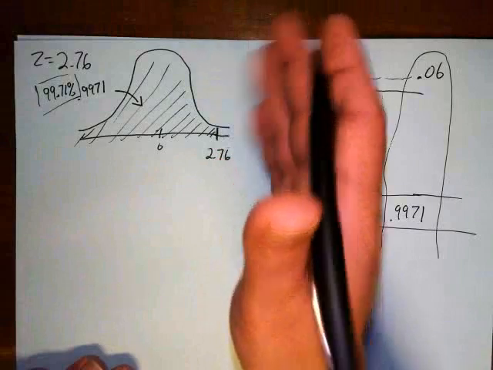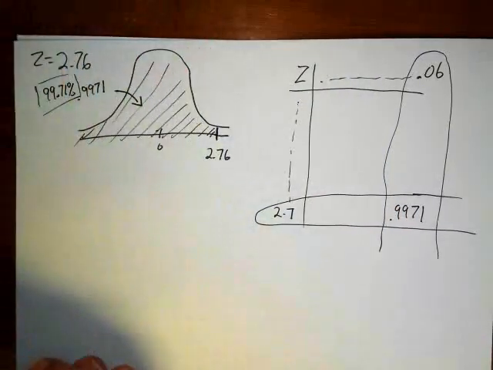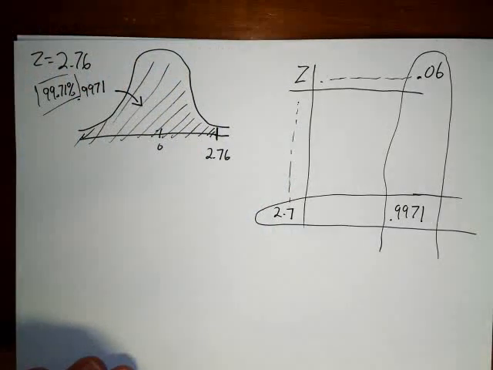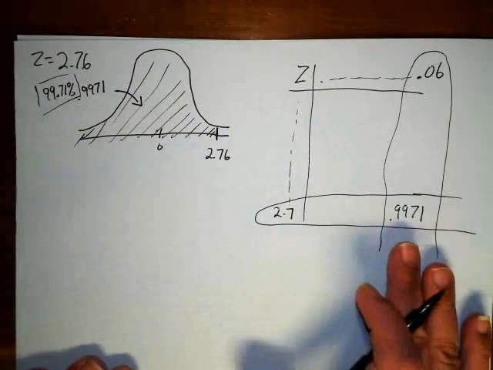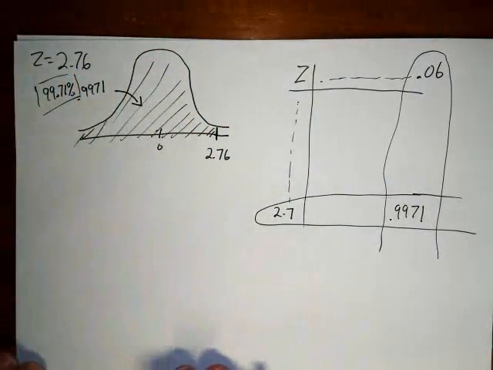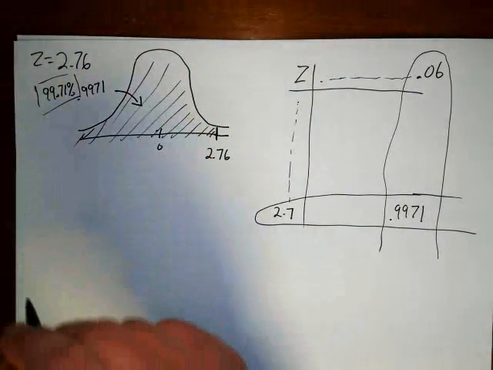It doesn't give you the area above, it gives you the area below. So in the next video, we're going to see what you do if you want other areas, but it's always going to start by getting this area below. Okay, so let me give you one to do.